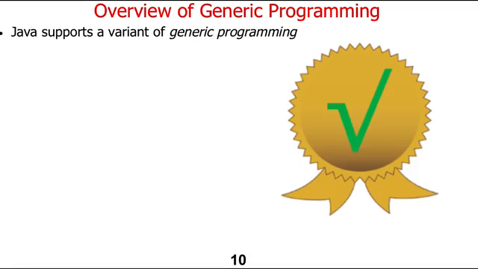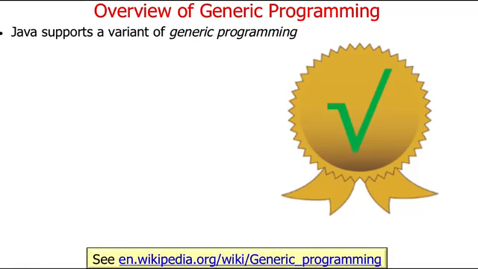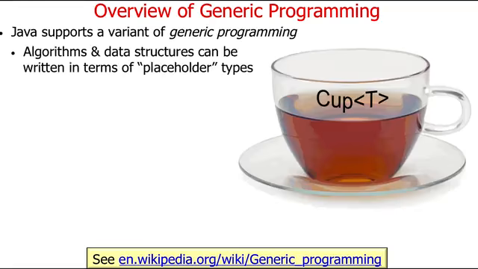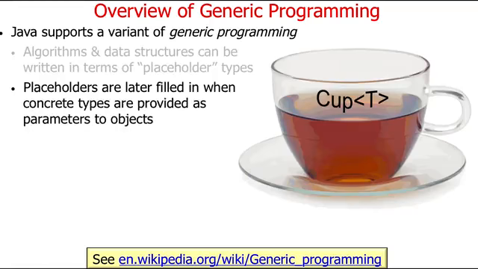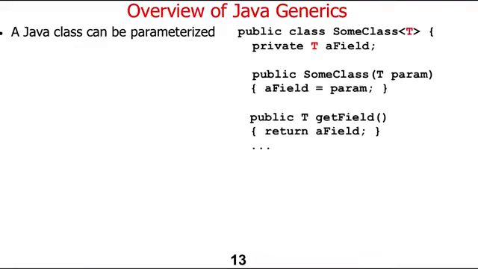Fortunately, we can find a good solution in Java generics, which is a variant of the generic programming paradigm that allows algorithms and data structures to be written in terms of a placeholder type. These placeholders are later filled in when concrete types are provided as parameters, when an object of the generic class is instantiated.